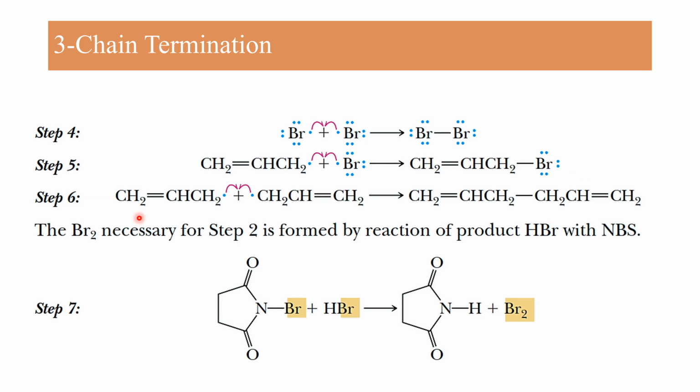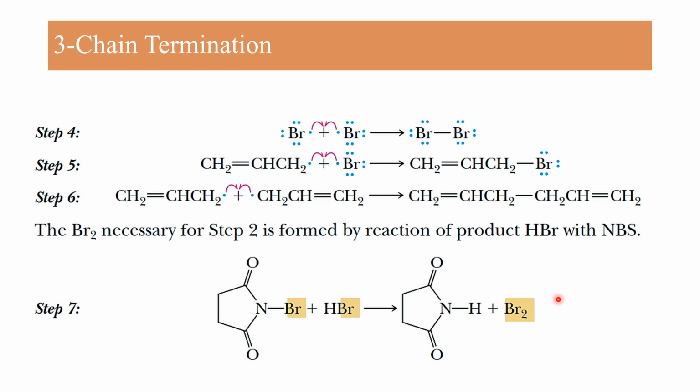Then if two allylic radicals combine, they will give alkenes with multiple double bonds in a chain, and it will extend the chain length as it does in the alkenes. So the bromine Br2 necessary for step 2 is formed by the reaction of the product HBr with NBS.